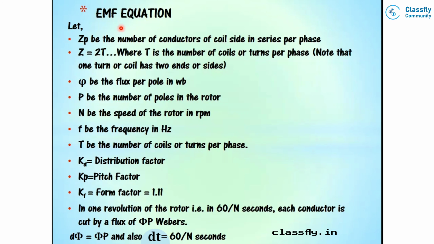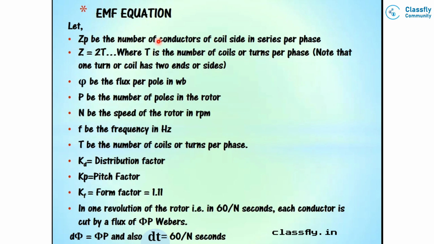Whenever we do the EMF equation of the alternator, it is basically in the armature winding. So we have to assume some things to solve this equation. The first thing we need to assume is Zp, the number of conductors or coil sides in series per phase.